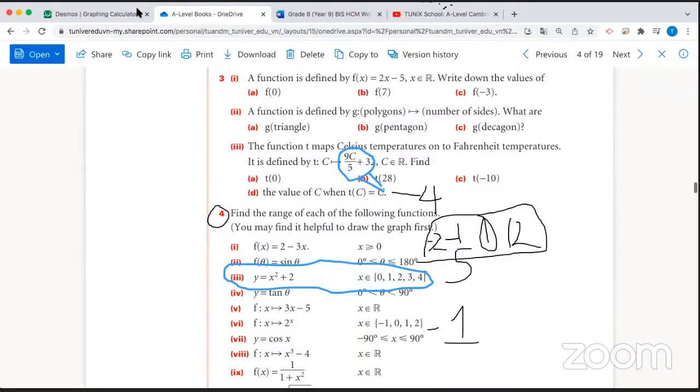Where's my graph paper? Graph paper. Graph paper.